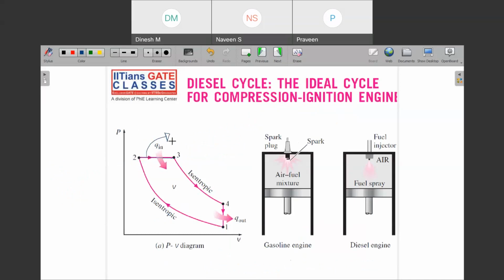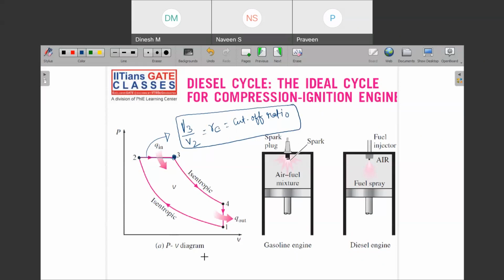So this ratio V2 upon V3, or let us take the ratio of higher upon lower, so ratio V3 upon V2 is denoted by rc, and this is called the cutoff ratio. What is this? Cutoff ratio. This volume upon this volume.